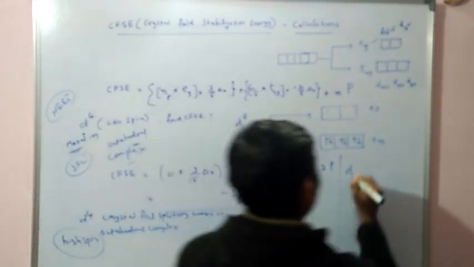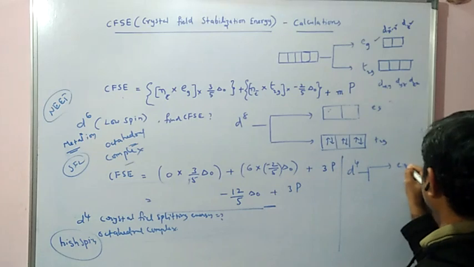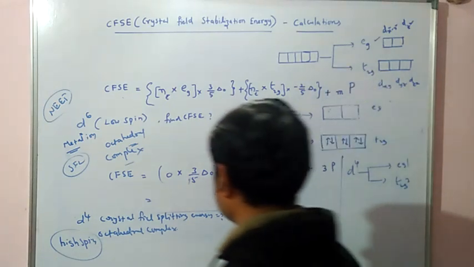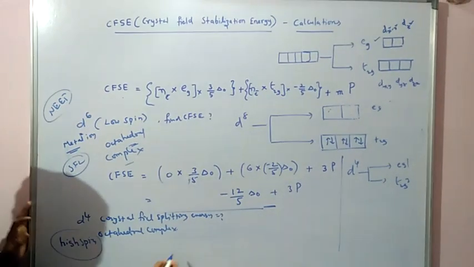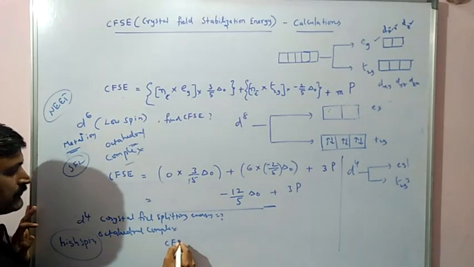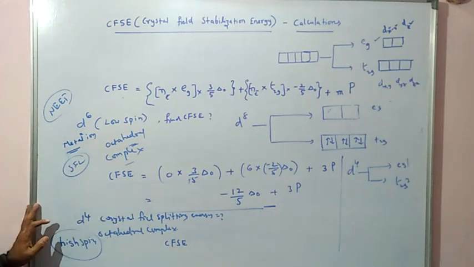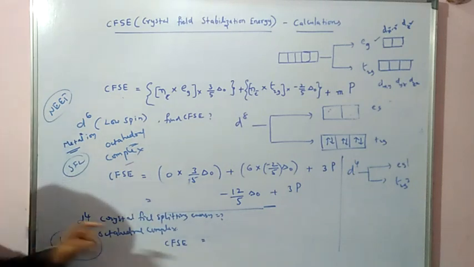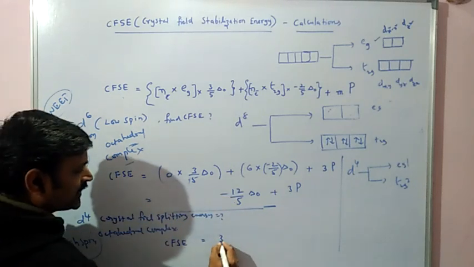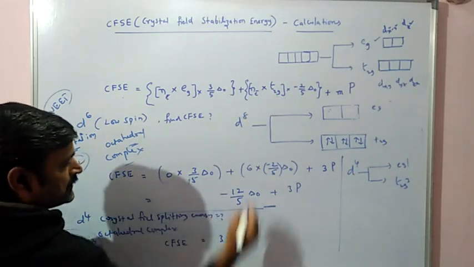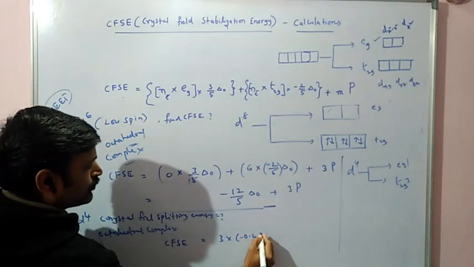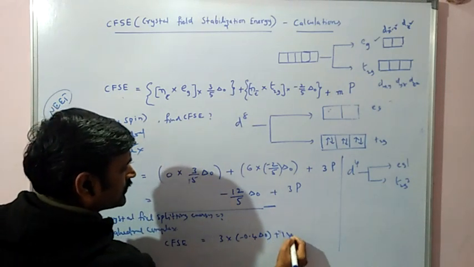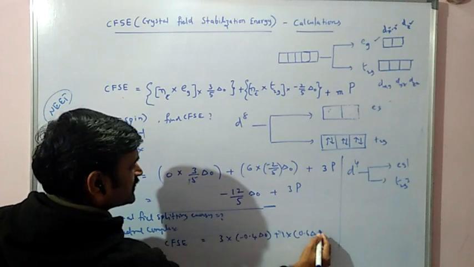So for high spin, the electronic configuration is EG1 and T2G3. Already explained in the same model. Now if you write this for CFSE, high spin configuration, that will be 3 present in T2G multiplied by minus 0.4 delta naught, plus 1 present in EG multiplied by 0.6 delta naught.